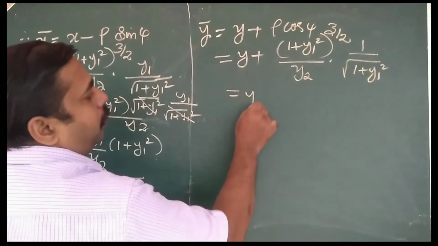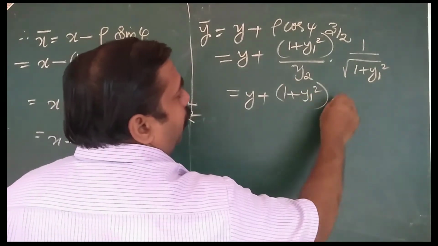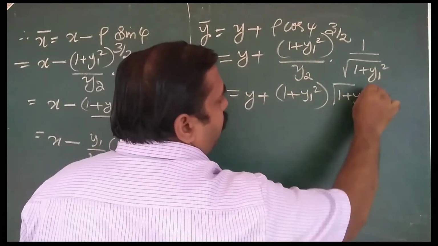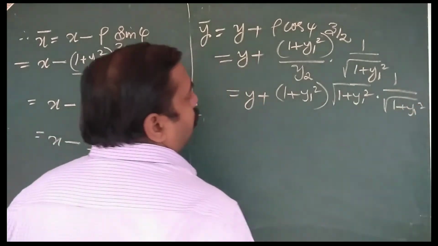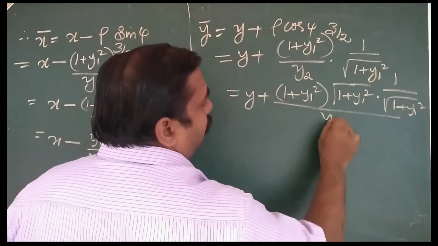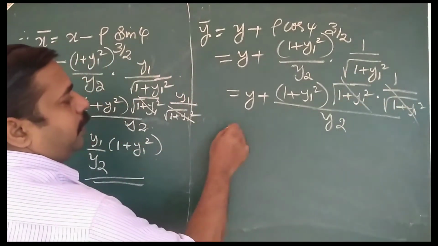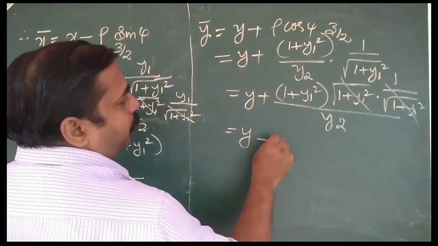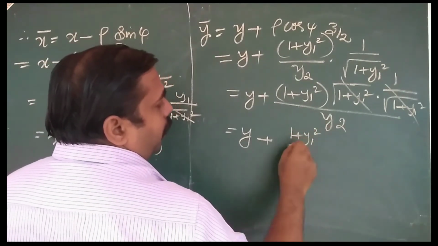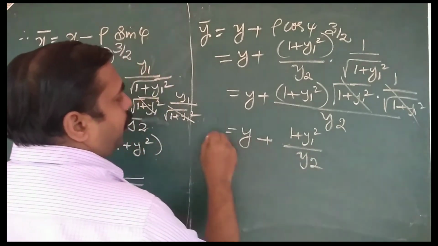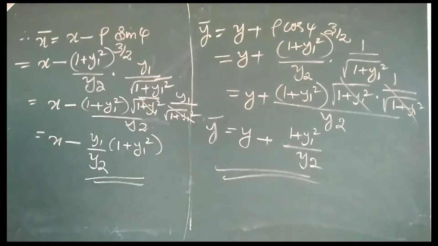So that is equal to y plus 1 plus y1 square into root of 1 plus y1 square into 1 by root of 1 plus y1 square, whole divided by y2. So this cancels, and that is y plus 1 plus y1 square divided by y2 equal to y bar. So this is the center of curvature.